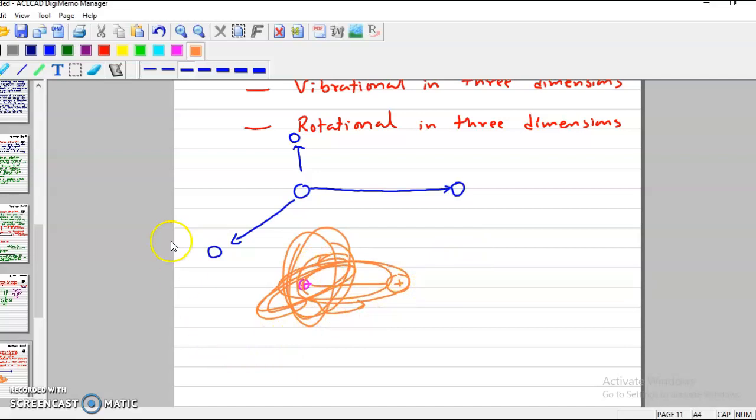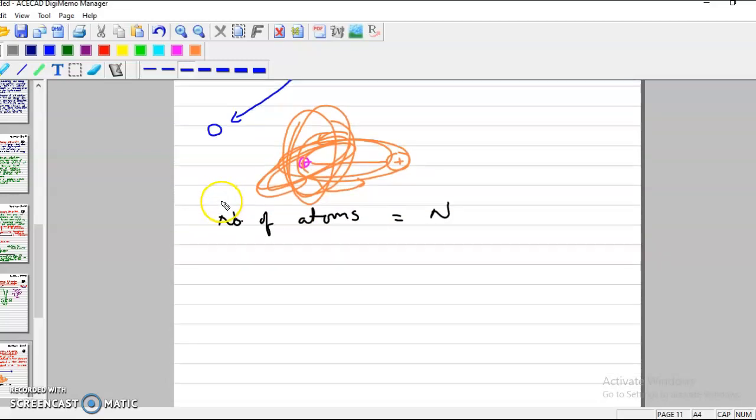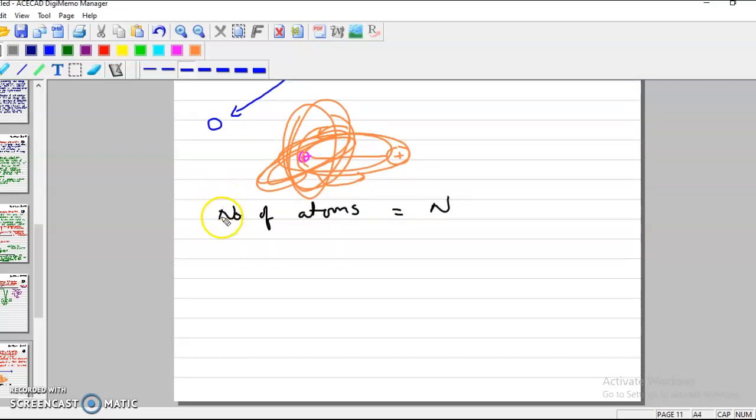If the number of atoms is n, then we need 3n degrees of freedom. The term used to express different types of motions is called degrees of freedom.